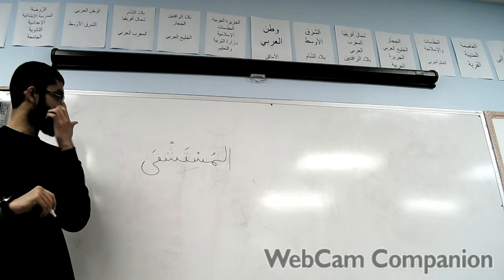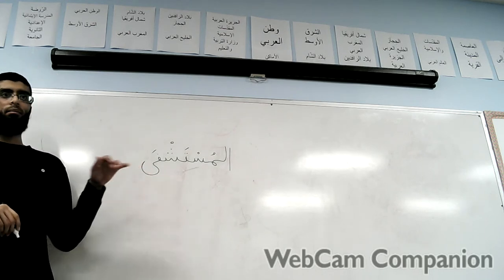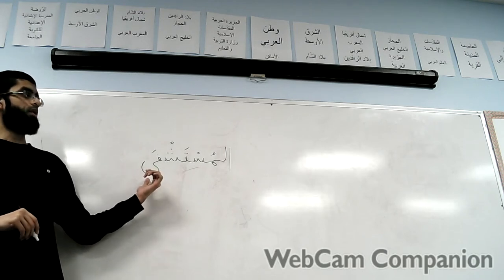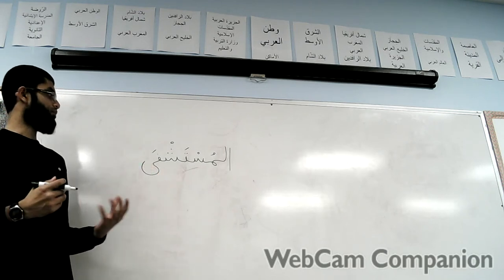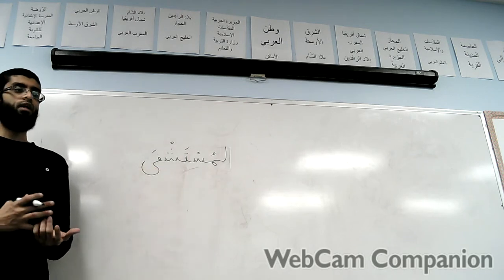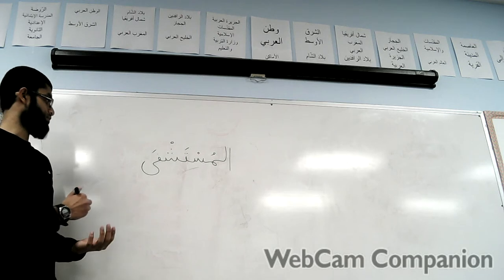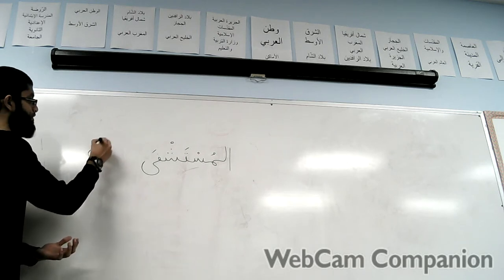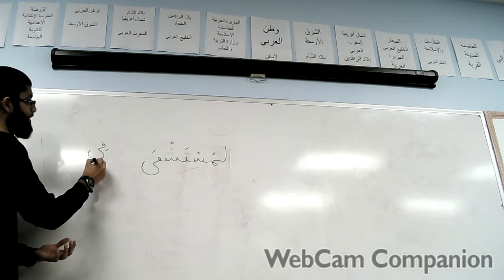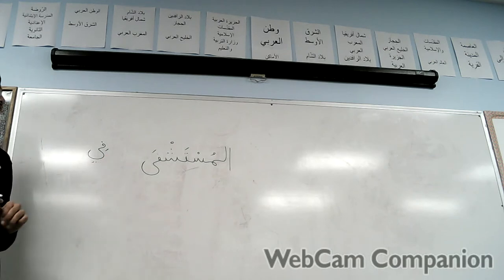One of the things is that you're going to see words that have a ya at the end, but they don't make the ya sound. When you say this, you say al-mustashfa, and the reason is that this ya doesn't have any dots under it. Usually if you have a word like fi, the ya has dots, so you pronounce the e sound.